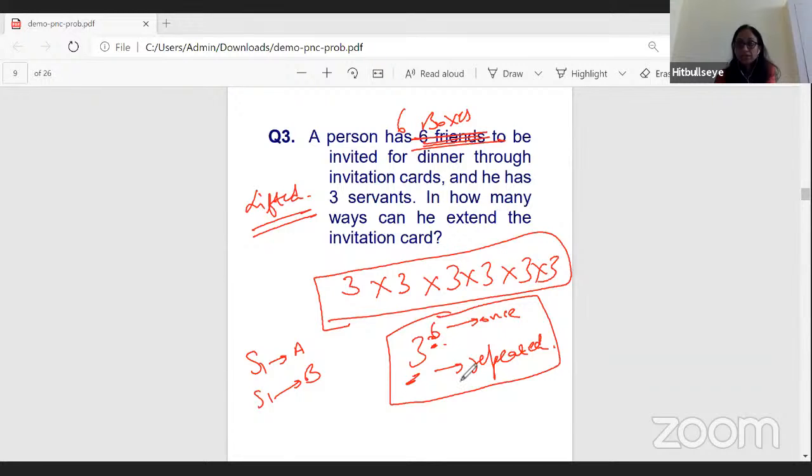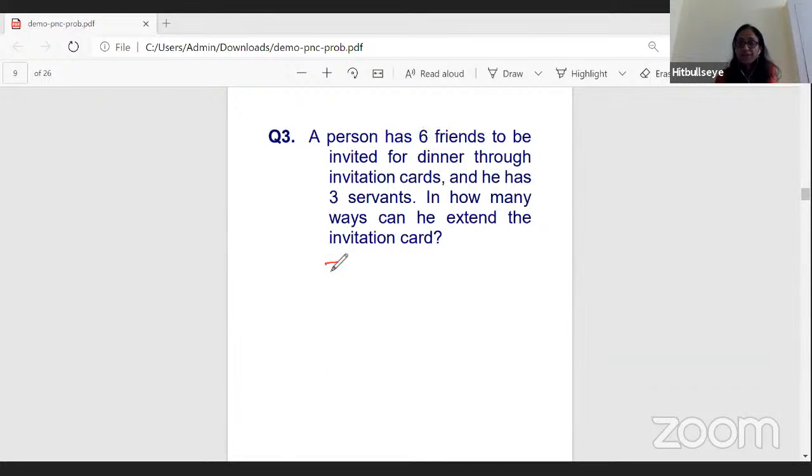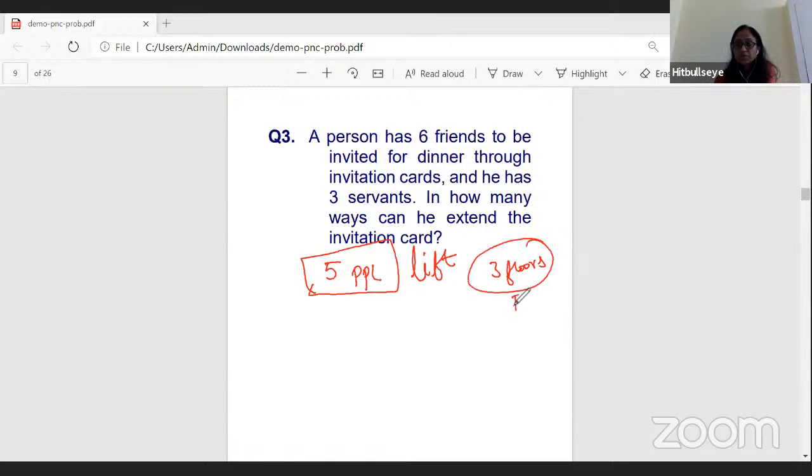Okay, try this. Suppose there are 5 people traveling in the lift, and they have options of getting down at any of 3 floors. So there is a floor number 1, a floor number 2, and a floor number 3. These 5 people can get down at any of the 3 floors.